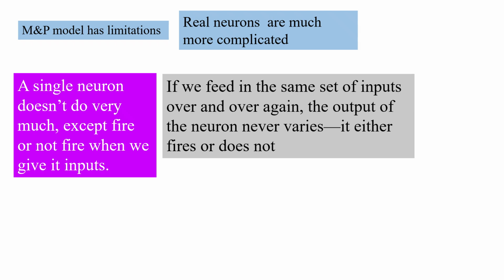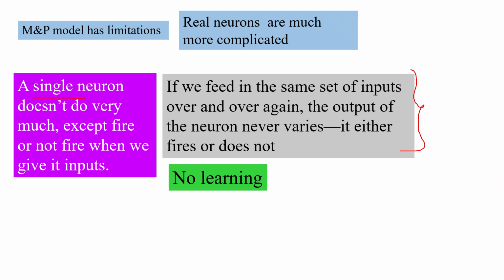We also see that taking only a single neuron, we are not doing much because it is either firing or not firing depending on the inputs. And also, given the same set of inputs, the output is not changing, which means up till now we have not seen any learning happen.